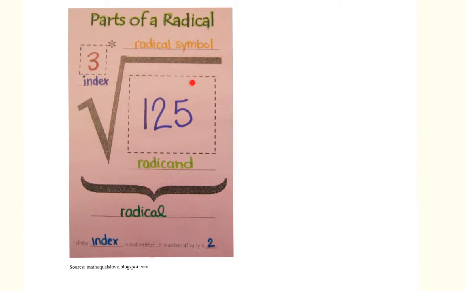The number underneath the radical symbol is the radicand. And the number that's little here in the corner is the index. If the index is empty, you assume it's a 2, that it's a square root. In Algebra 1, we're only going to be looking at numbers that have an index of 2, the invisible one, or 3, so cube root.